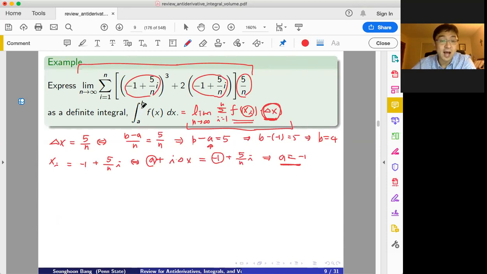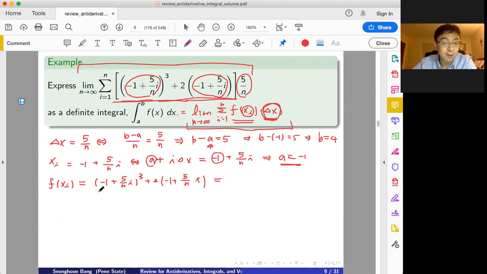The next, what is f of xi? This is the whole thing except delta x. So f of xi is exactly the same as (-1 + 5i/n) cubed plus 2 times (-1 + 5i/n).